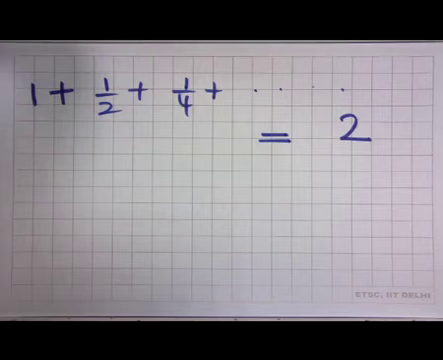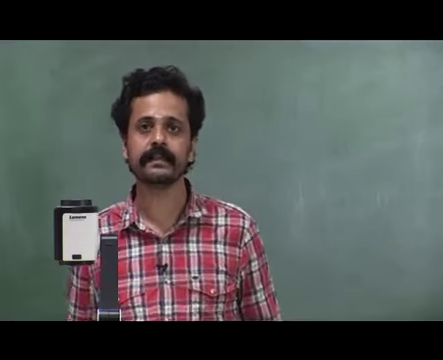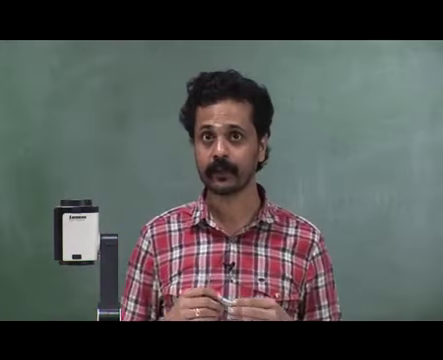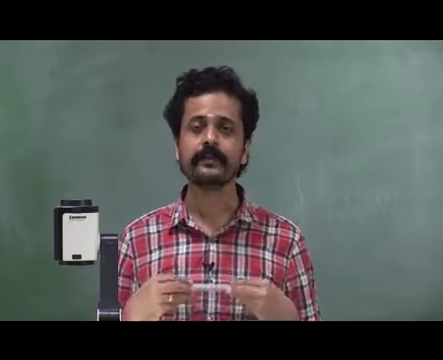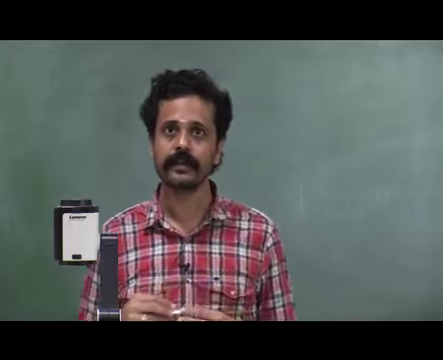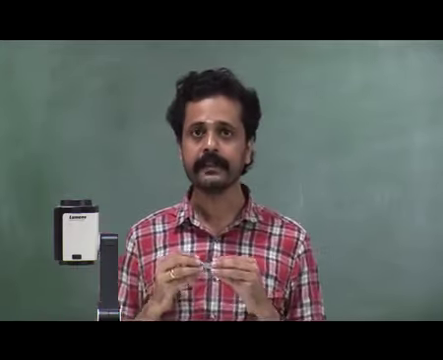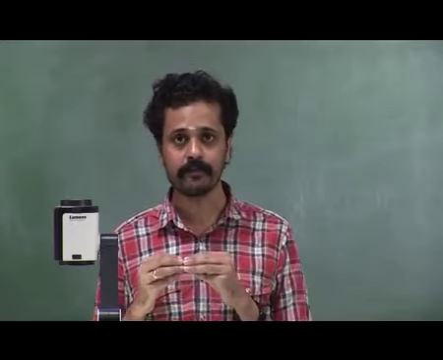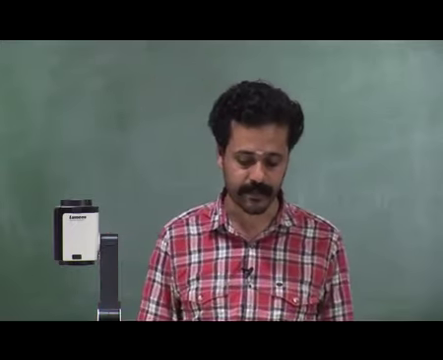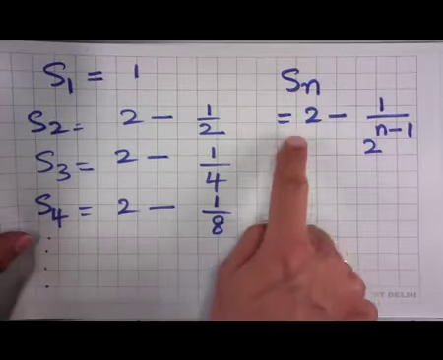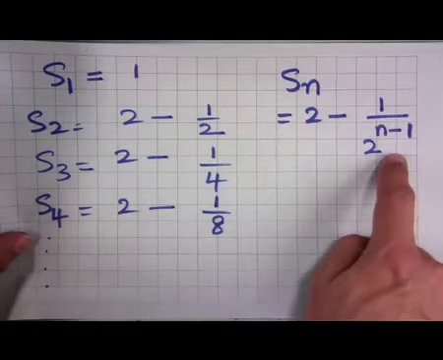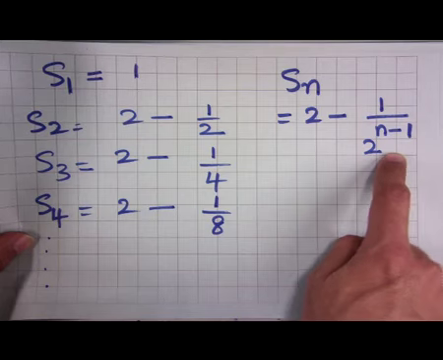Thus, in this example, for a given series, we constructed the sequence of partial sums. We observed a pattern. We could write the nth term of the sequence of partial sums in terms of n. Sn is equal to 2 minus 1 by 2 power n minus 1.